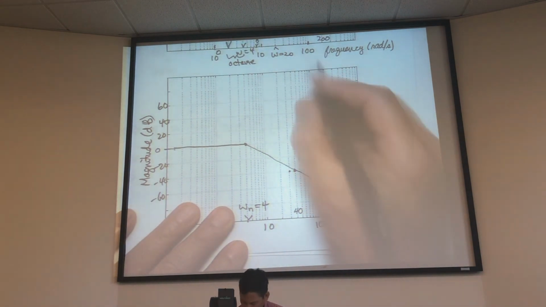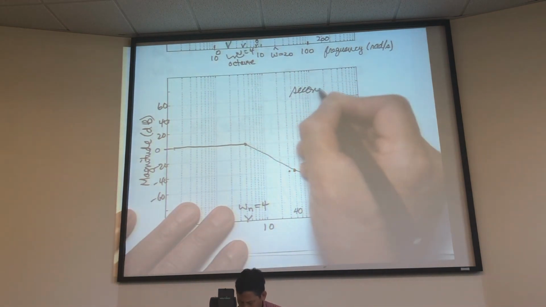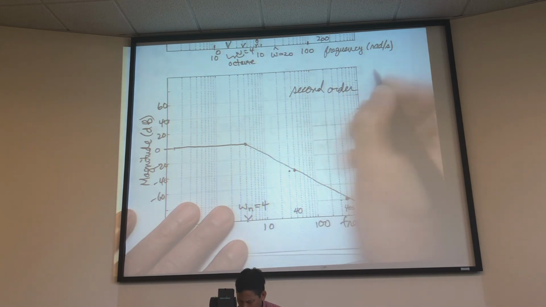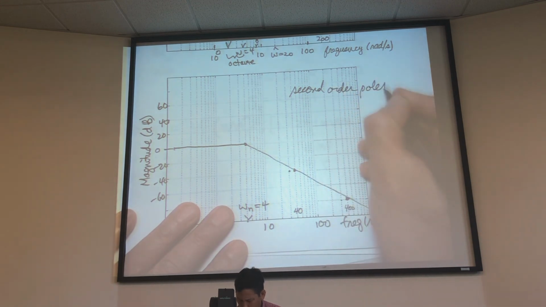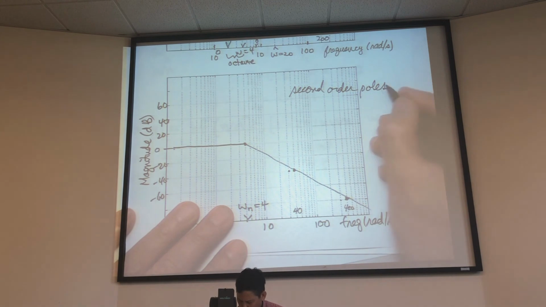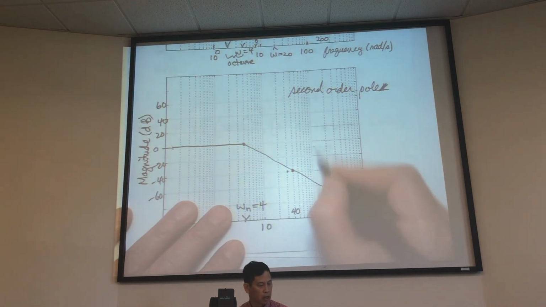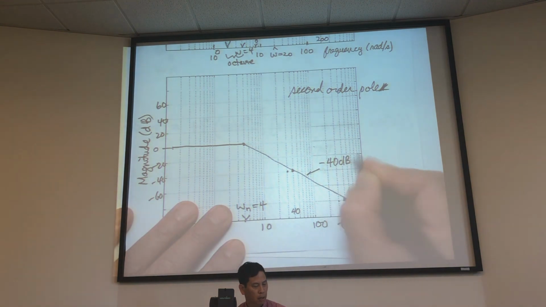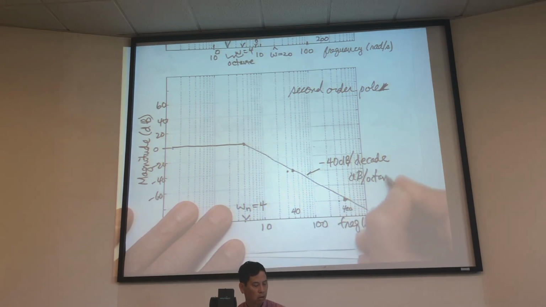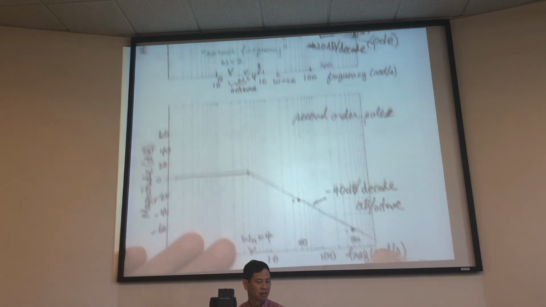This is a single, second order pole. This slope is minus 40 dB per decade. How many dB would it be per octave? Anybody want to guess?